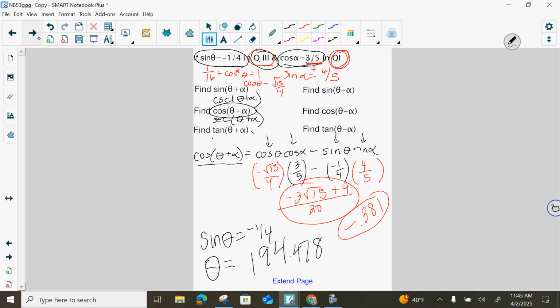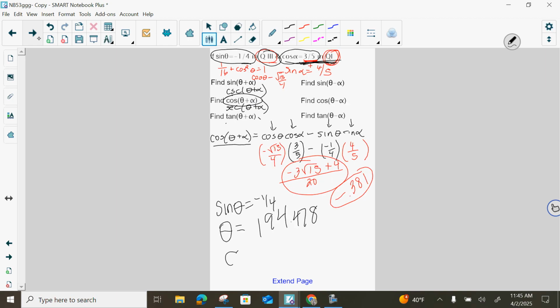So now go get alpha. Cosine of alpha is 3/5. Do you get 53.130? Right? Quadrant 1.